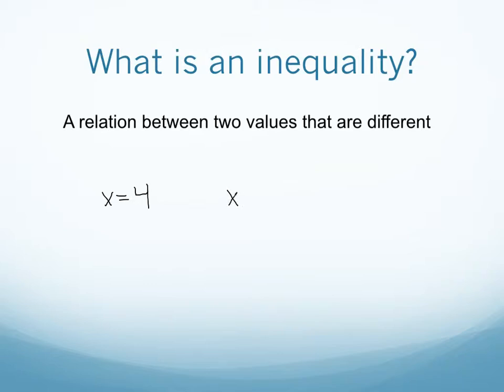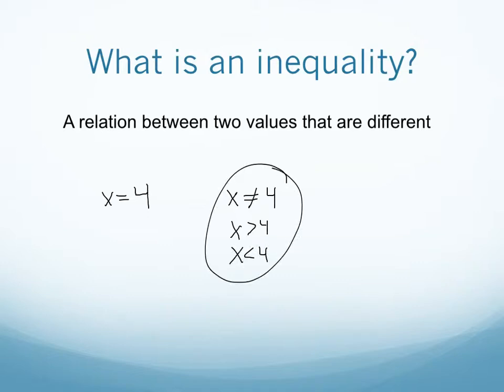Inequality then would be x does not equal 4. So x and 4 are different. We also see x is greater than 4, x is less than 4, etc. These are all inequalities. We're mostly going to be focusing on these 2 in today's video. Today, I'm going to give you an inequality and you're going to graph it. So let's jump right into an example.